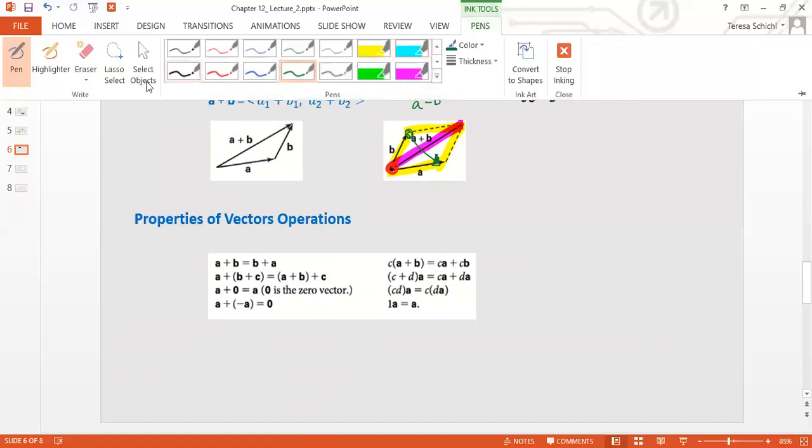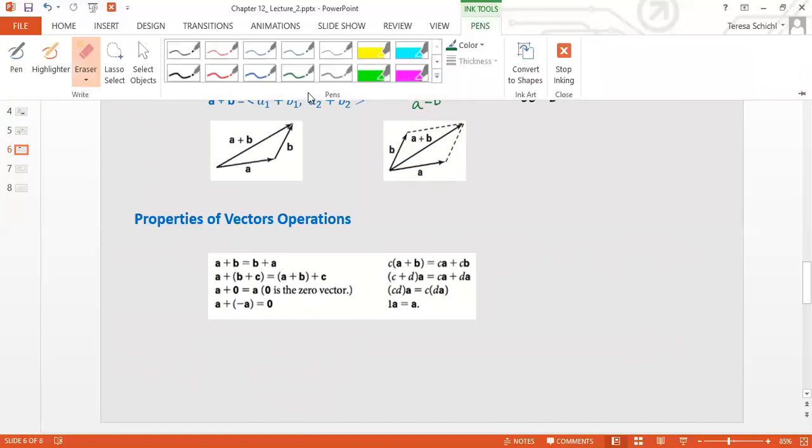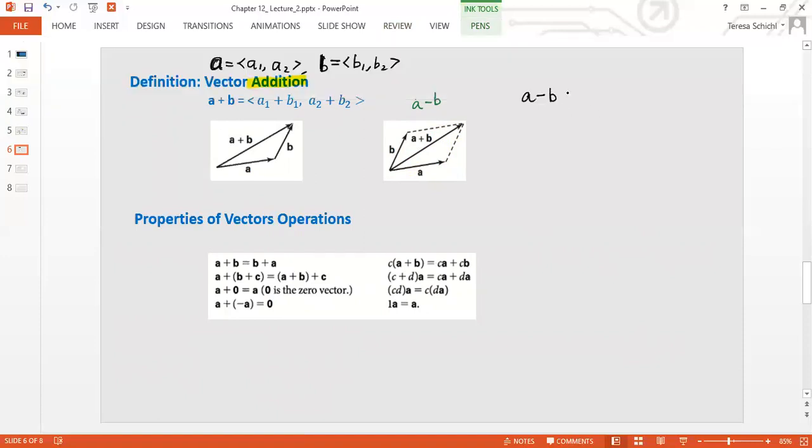Okay, so let me erase all these things I just did. Hey, how nice, I can erase it. Now in here, A minus B, I can really write as A plus negative B. B from here goes this direction. If you add a negative sign, what does that mean?